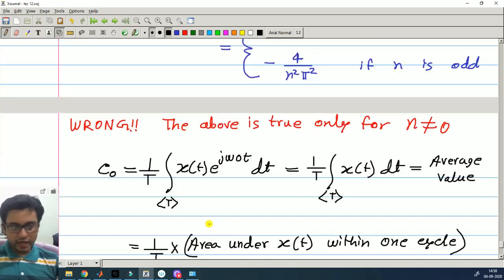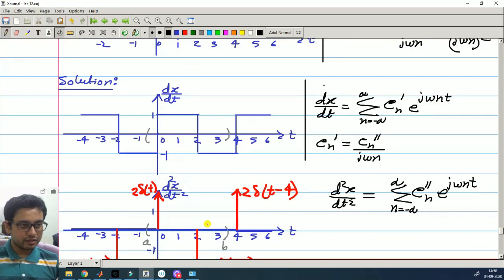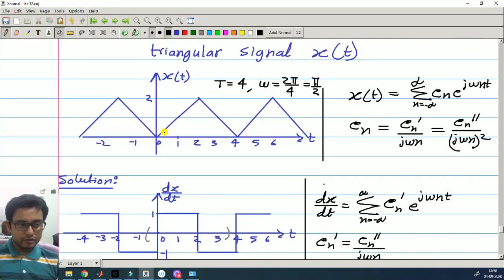Now let us look at the signal. From here, the time period is 4 and the area under one cycle is half into base 4 into height 2.